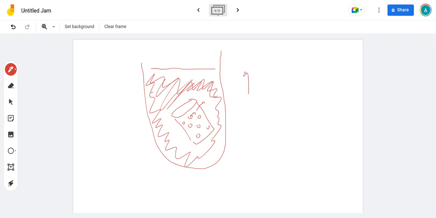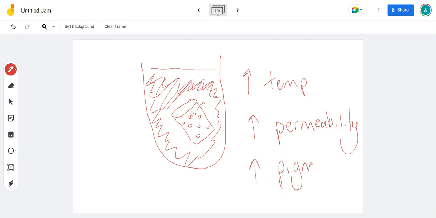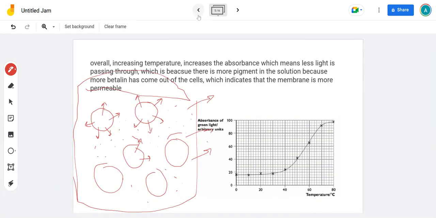Okay, so the higher the temperature, the more permeable, increased permeability of the membrane. So more pigment came out, increased pigment, more betalain came out of those cells. Okay, and that's why this liquid around it got a darker colour. And that's why when you put that in the colorimeter, less light could pass through it because it was like dark red, dark pink.